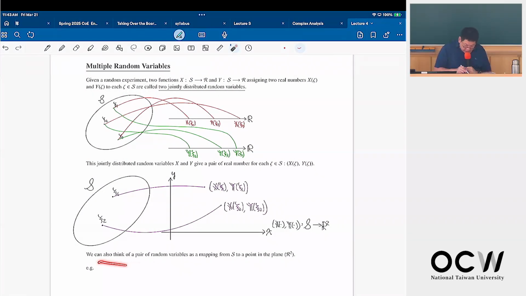So we can think of the pair of random variables as mapping from the sample space to a plane, or just to two real lines.